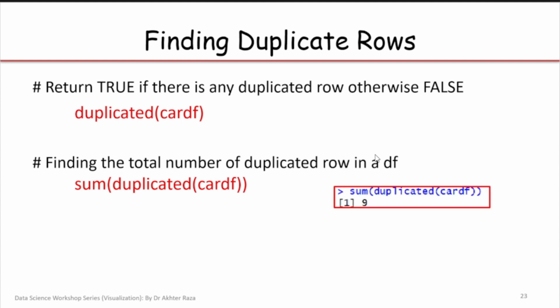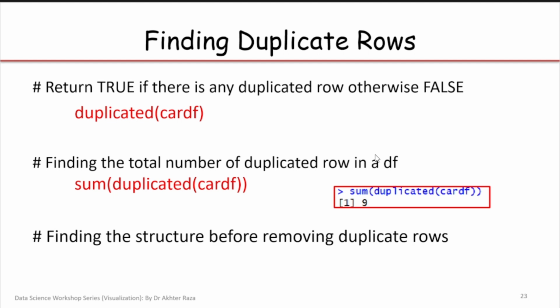The output of the sum command indicates 9, meaning that 9 rows are replicated. After removing these 9 rows, we will show you the structure of the cardf again.